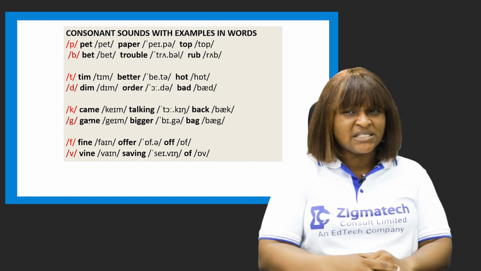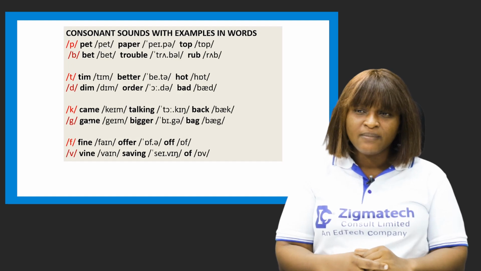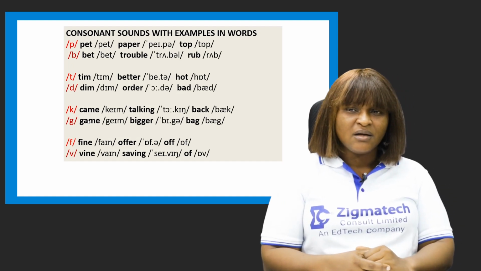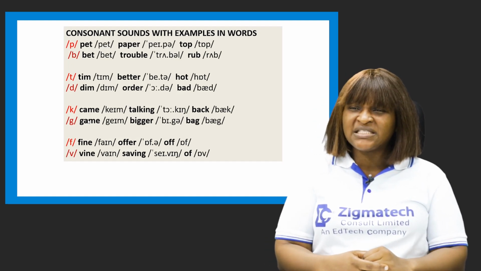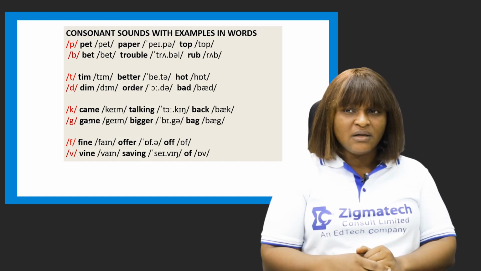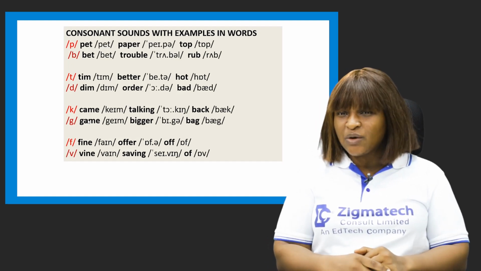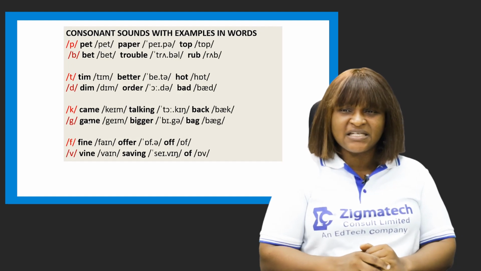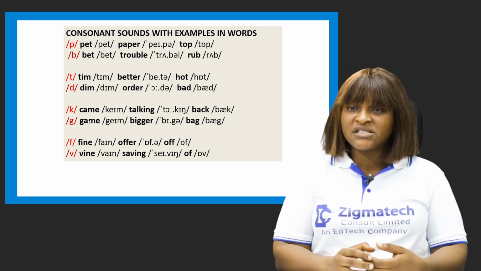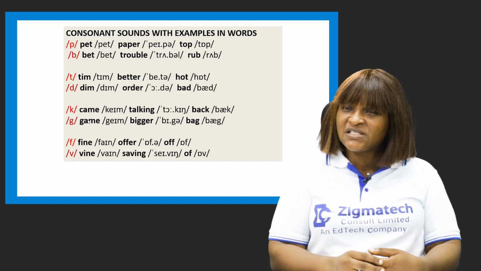Now we have letters that bear the k sound. As much as the k is a sound, it does not necessarily mean it has to be just the letter K that will bear the sound. We have where we see the letter C bearing the k sound. As a matter of fact, we don't have C as a sound.